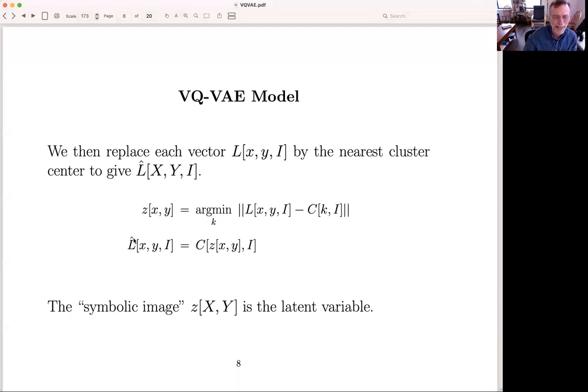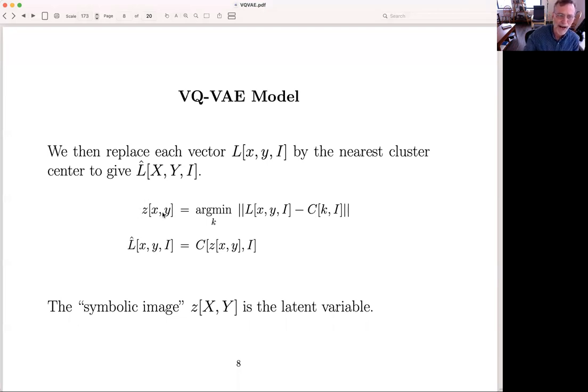So I'm going to call that L hat. L hat is what I get when I replace each vector by its cluster center. So this is just saying that L hat at XY is the cluster center of this nearest symbol. So this becomes the latent variable, right? This is a symbolic image.